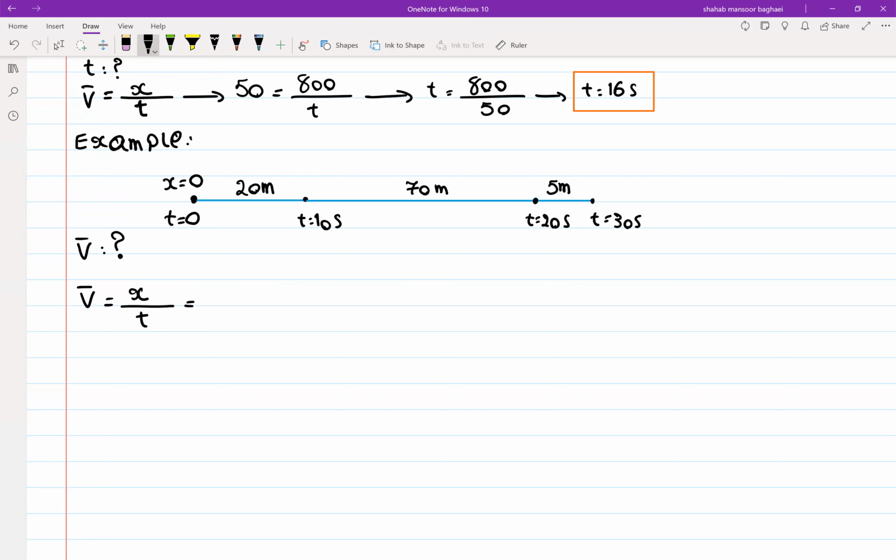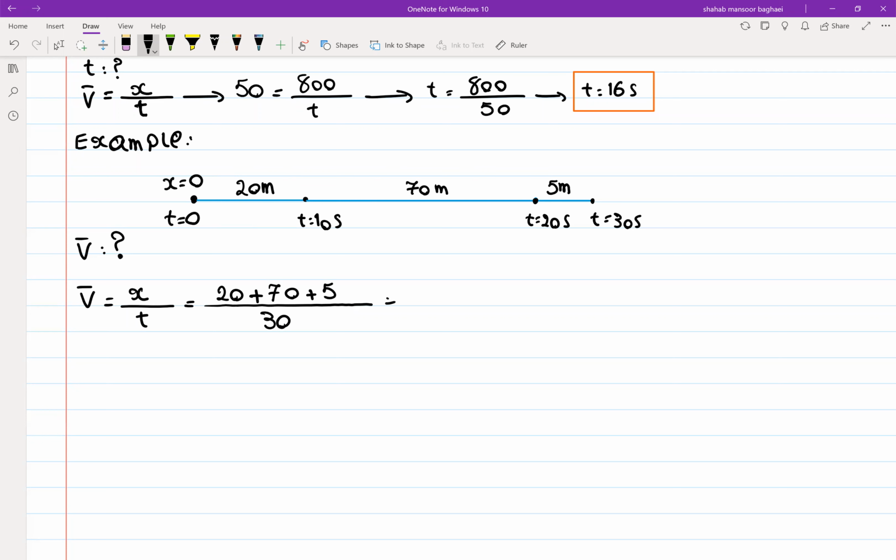According to this figure, you can calculate the total displacement. Total displacement is the summation of these values. Let's do it. It is 20 plus 70 plus 5. And what is the total time of traveling? Of course, 30 seconds. It takes 30 seconds for the whole motion, yeah? Therefore, it is 30 in the denominator.